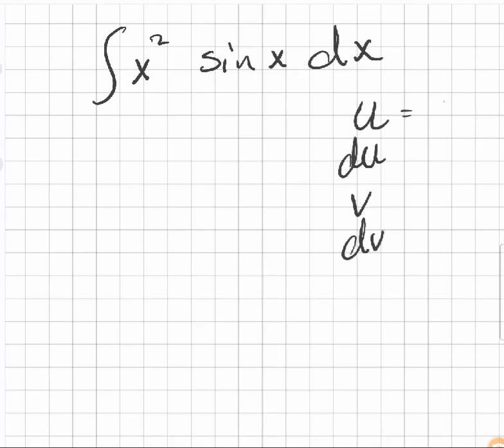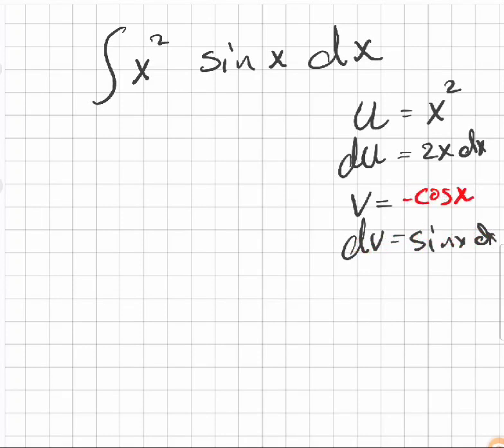So this is one of those problems where you have to use integration by parts 2 times. du is going to be 2x dx. dv is sine x dx. So this is dv, and this is going to be u. The integral of sine is negative cosine.